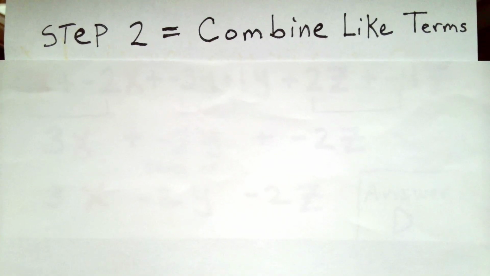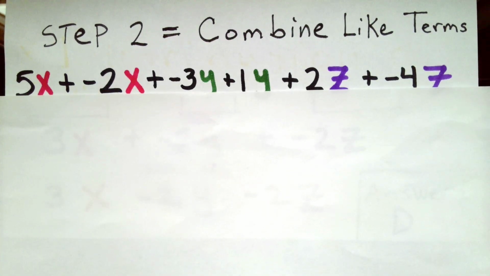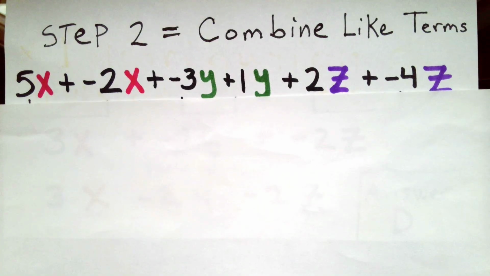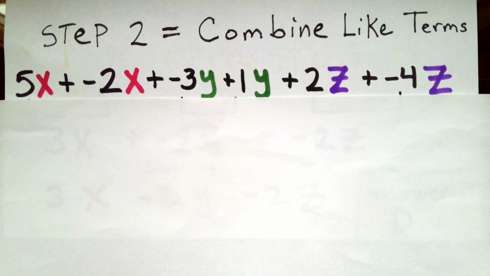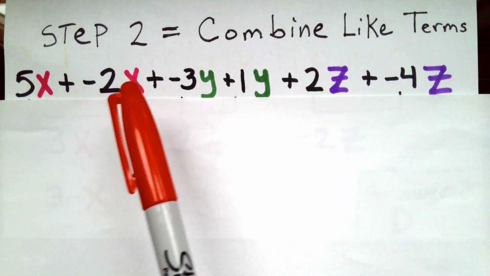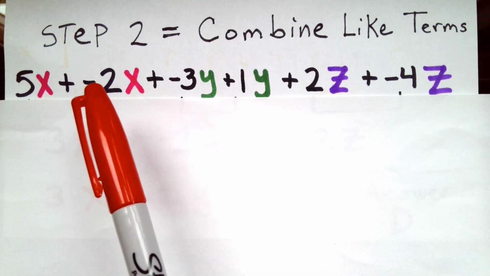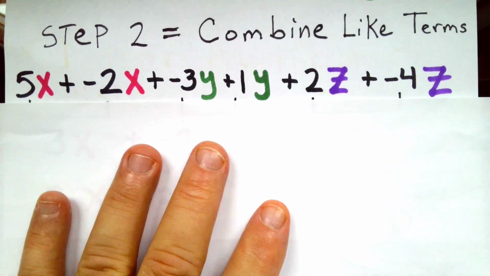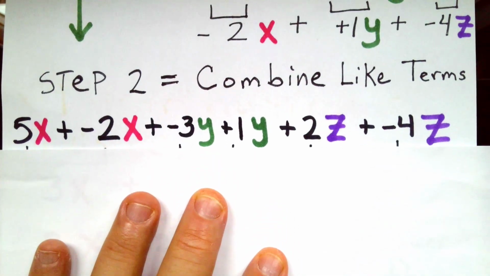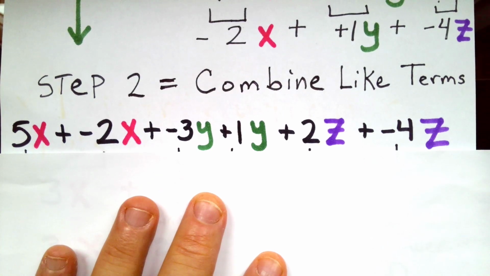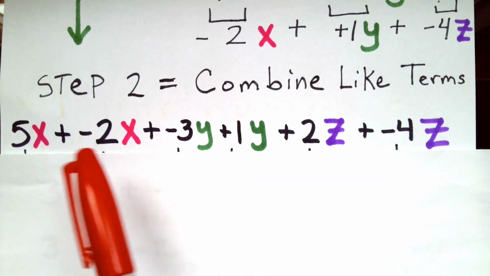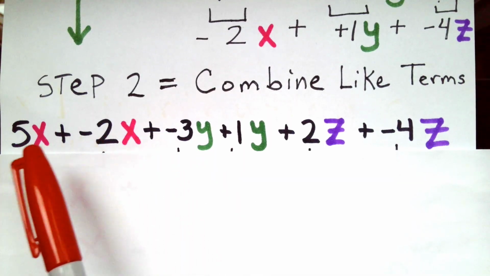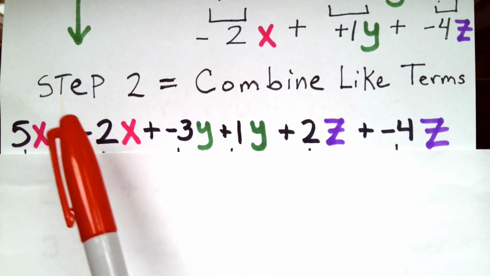Remember, the terms inside the parentheses on the left remain the same. Here you see I'm just writing the terms right next to each other. I think it's important I bring this down and show you. So we had a negative 2x. I'm going to put those x values right next to each other. The 5x, and I'm going to separate with a plus sign.